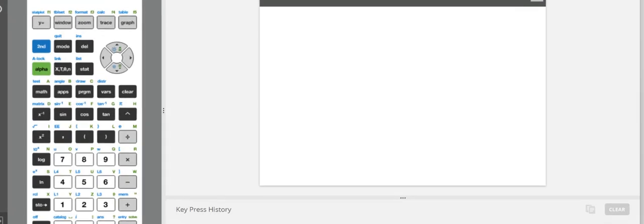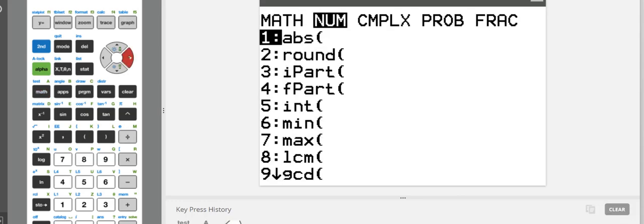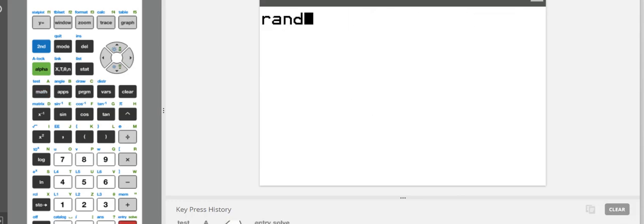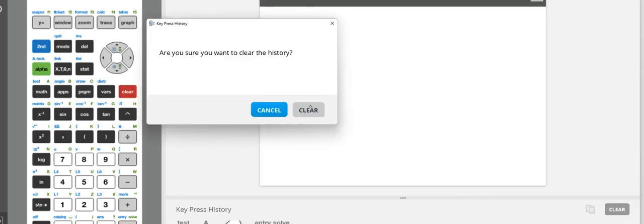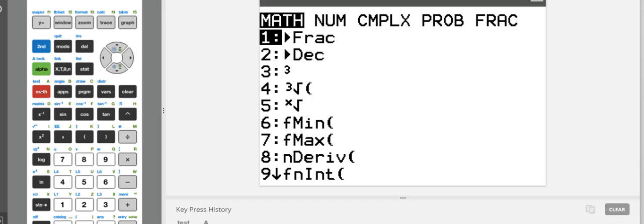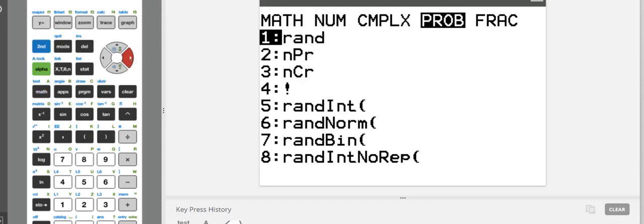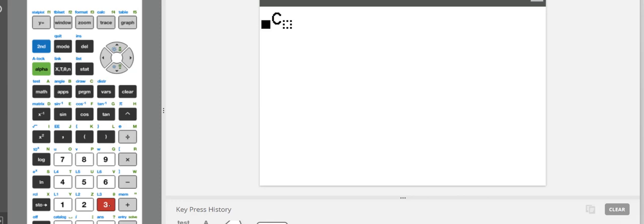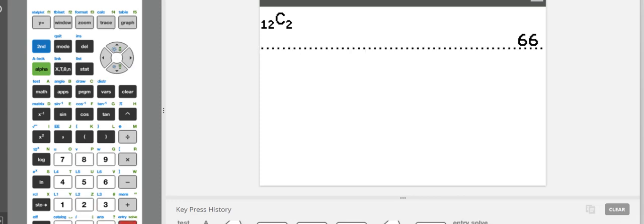So on your calculator, I'm going to hit math, go over to the probability, and hit enter. Oh, that didn't work. So I'm going to hit math, arrow over to the probability, and down to number 3. 12 people in the club, and I want to pick 2 of them. So my answer is 66.